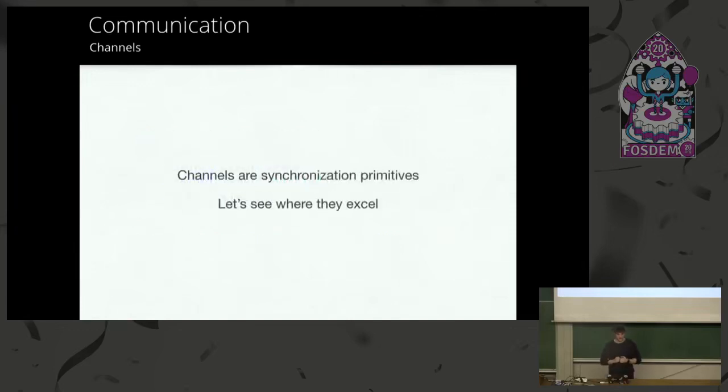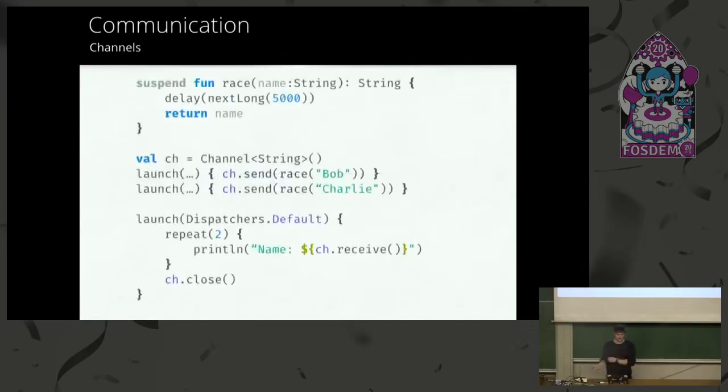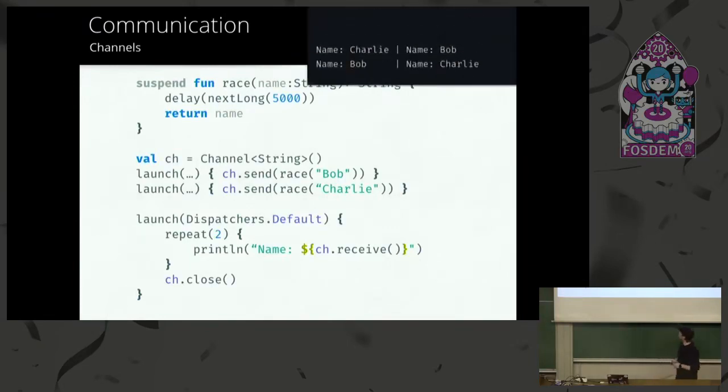So let's see where they excel. There's a pattern called fan-in. You have many producers and only one consumer. So here we launch two coroutines, and they send to a suspended function that's just going to randomly release them in 0 to 5 seconds.